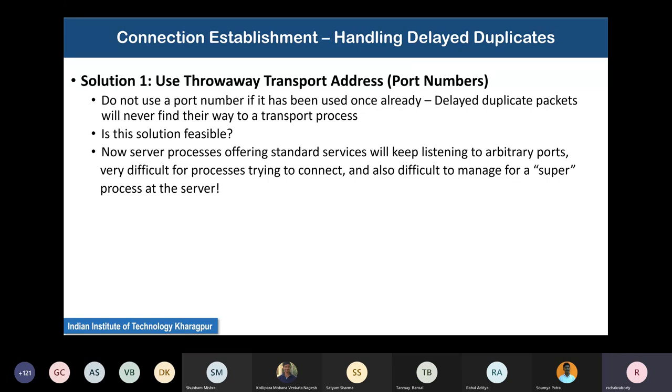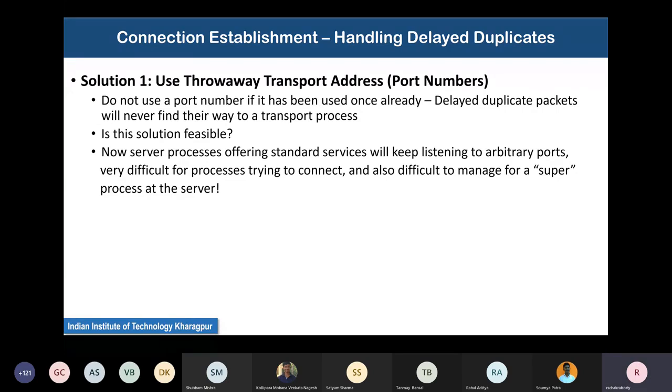Your transport layer identifier is the port for the processes. Why don't we change the port number for every new connection? Even for a delayed connection that you initiate, you change the port number. Don't use a port number if it has been used already. Then delayed duplicate packets will never find their way to a transport process.